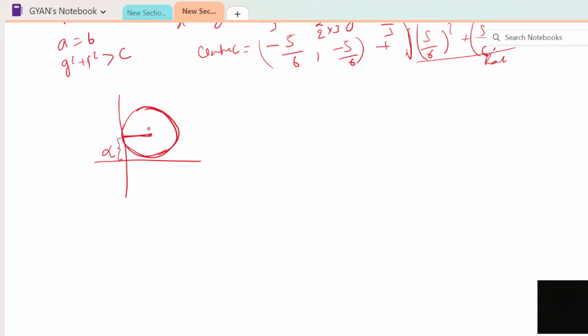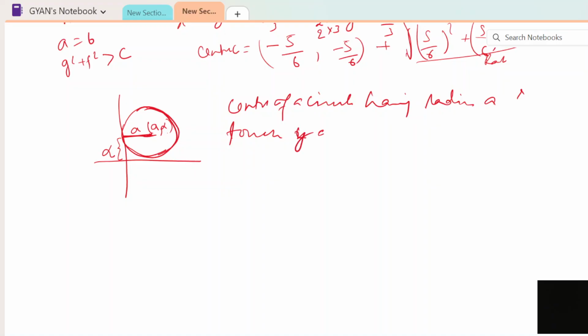The length is A, so the coordinates of the center will be (A, alpha). So the center of a circle having radius A and touching the y-axis will be (A, some variable).